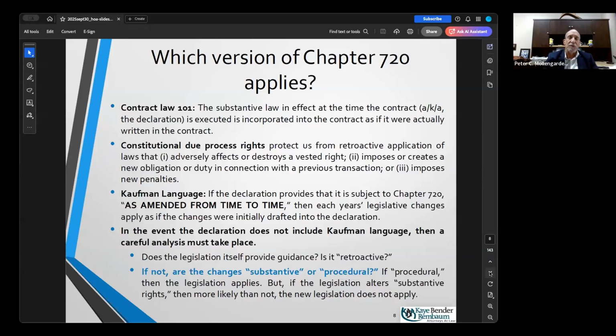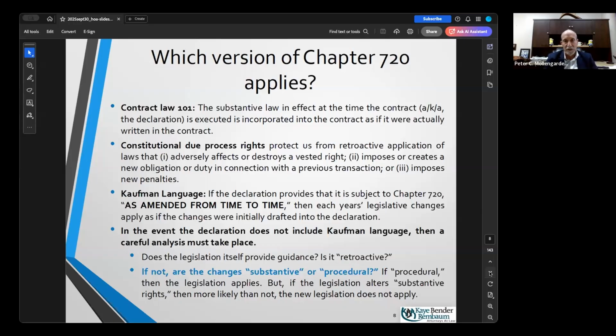So what happens when there are amendments to the law that occur after the association has been created? Whether those apply gets a little complicated, because there are substantive changes to the law and there are procedural changes to the law.